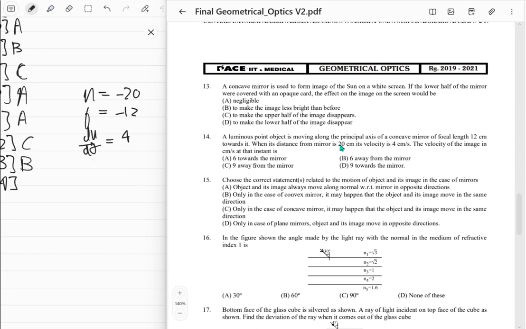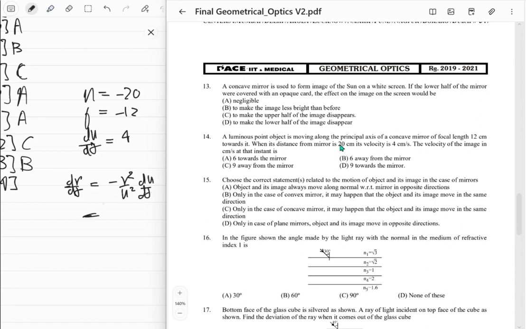So, sign convention wise, it's the velocity of the image in centimeter per second at that instant. Once again, pretty much the same thing: negative 1 upon v squared dv upon dt, then negative 1 upon u squared du upon dt is equal to 0. So dv upon dt is equal to negative v squared upon u squared times du upon dt.